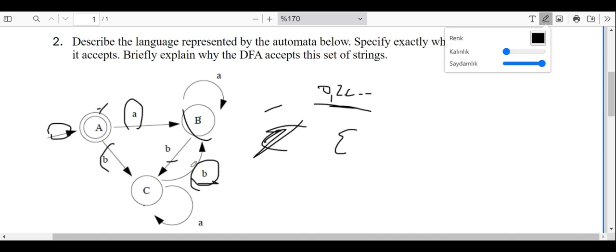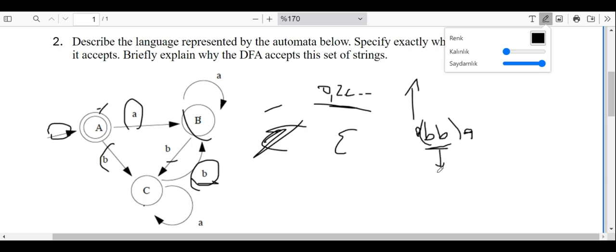And to return to A, strings starting with A, and B here, and A. We said starting with A, and we must use an even number of B's.